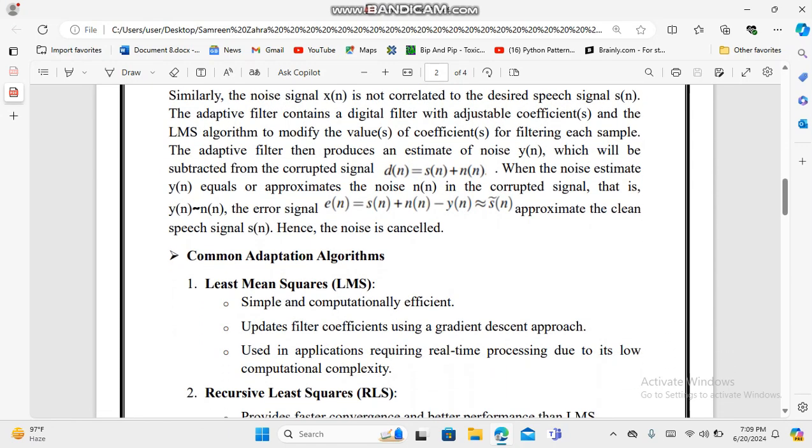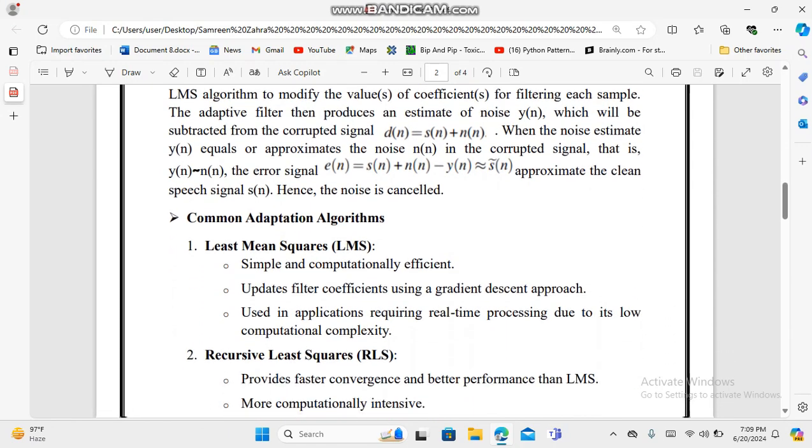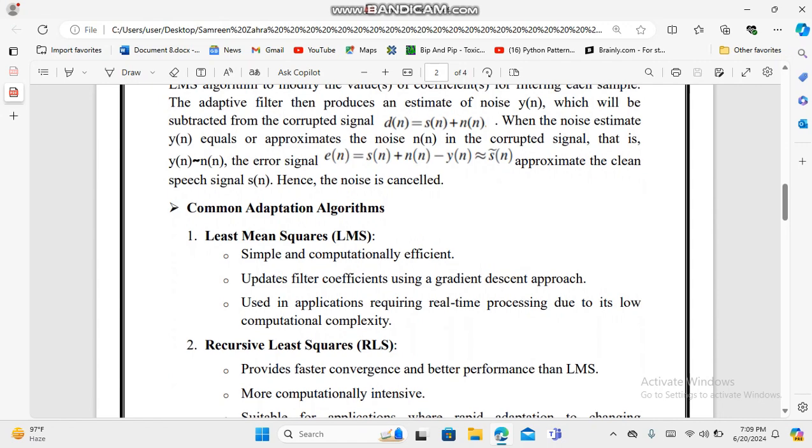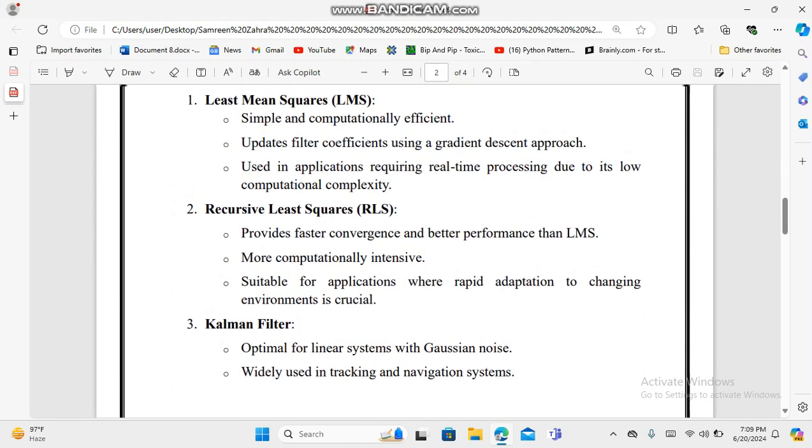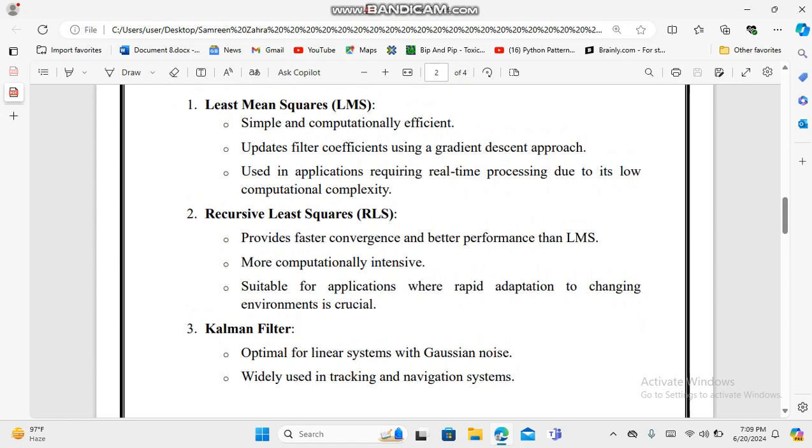Now common adaptive algorithms. We have discussed that there are three main algorithms: least mean squares, recursive least squares, and Kalman filter. Least mean squares is simple and computationally efficient, updating filter coefficients using the gradient descent approach, and is used in applications requiring real-time processing due to its low computational complexity.